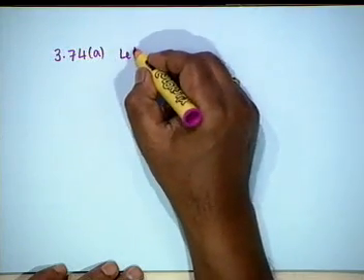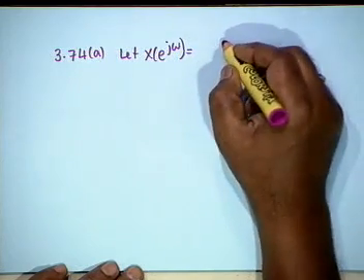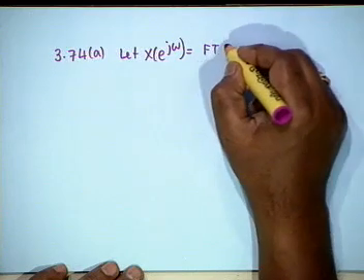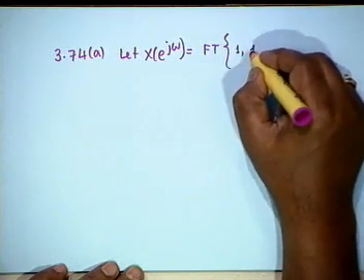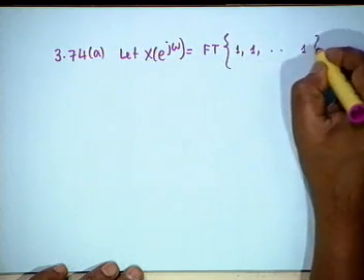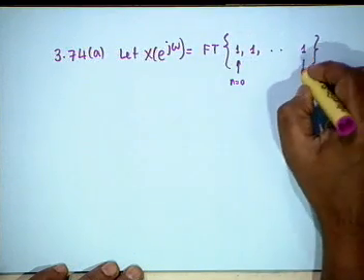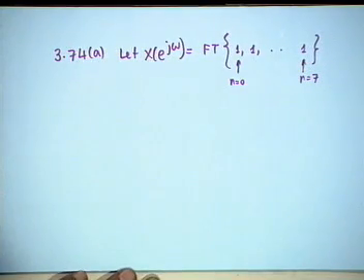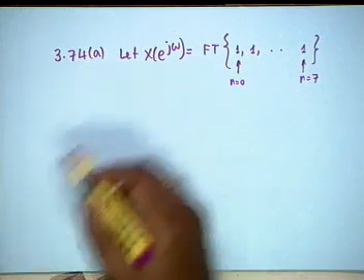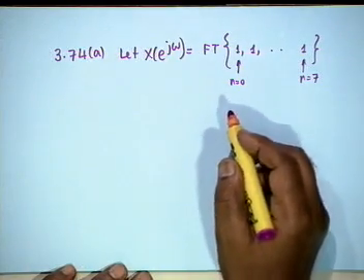It says let capital X of e to the j omega be equal to the Fourier transform of the sequence 1 1 1, where this is n equal to 0 and this is n equal to 7. In other words, it is an 8 point sequence and its Fourier transform is capital X of e to the j omega.